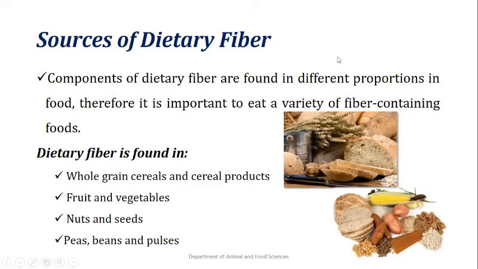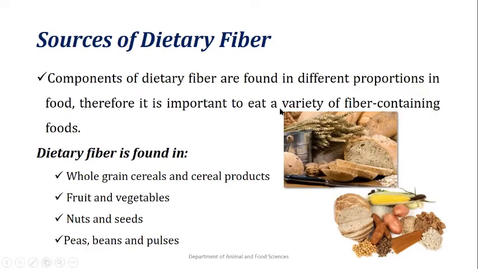These are the sources of dietary fiber, the major sources. The whole grain cereals and cereal products, fruits and vegetables, nuts and seeds, peas, beans, and pulses. These are major sources of dietary fiber. And the components of dietary fiber are found in different proportions in food.